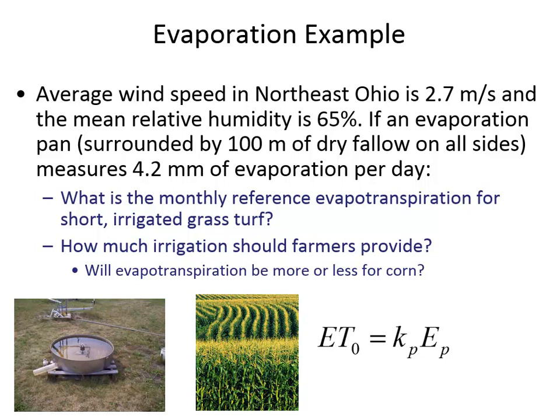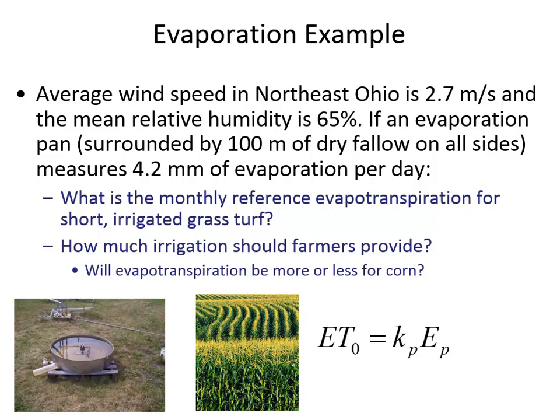and they'll compare the evapotranspiration of corn to evapotranspiration of this reference crop of short irrigated grass turf, and that's part of what's built into the pan coefficient K sub p, is not only the relationship between the crop and the pan, but also the crop and whatever reference crop is being used.